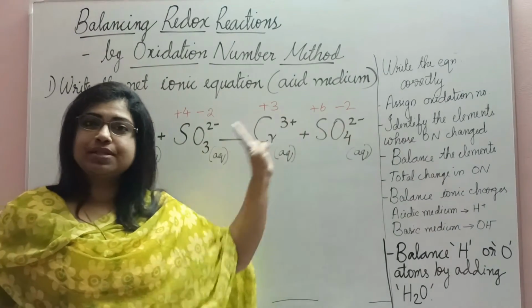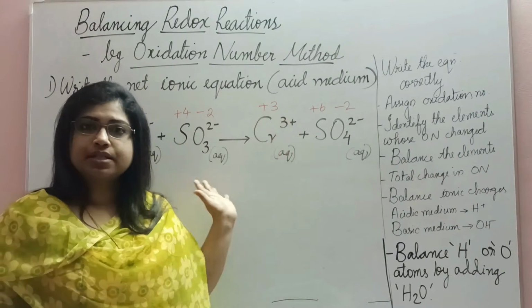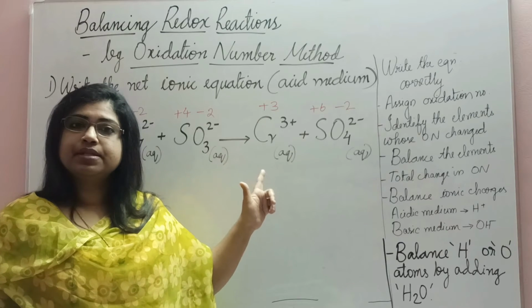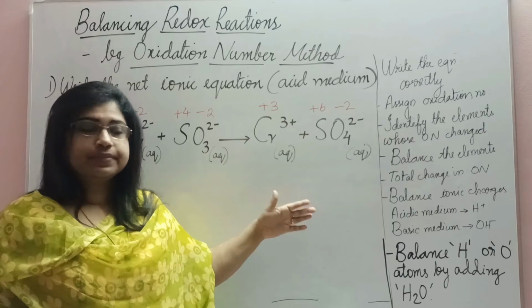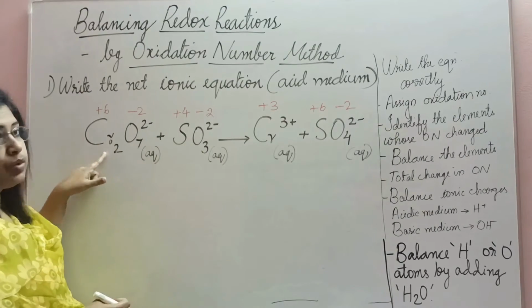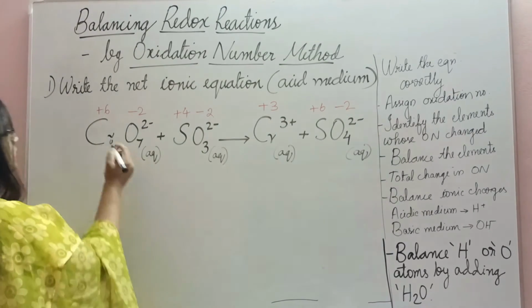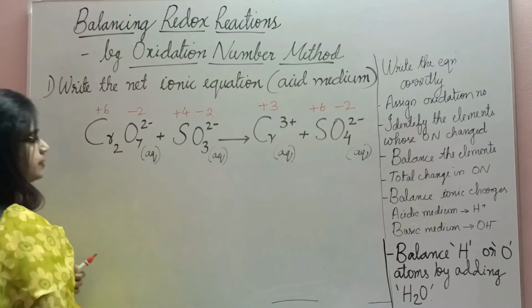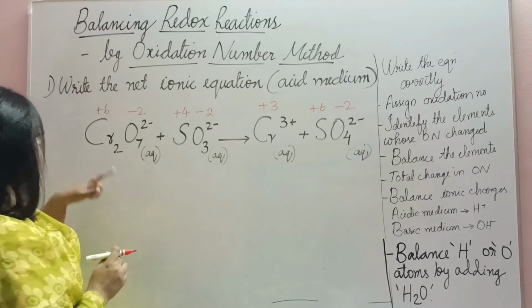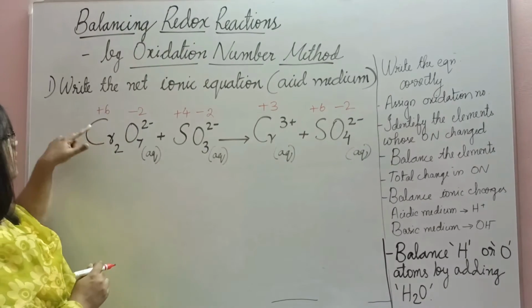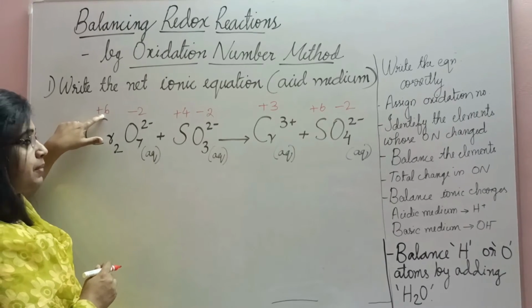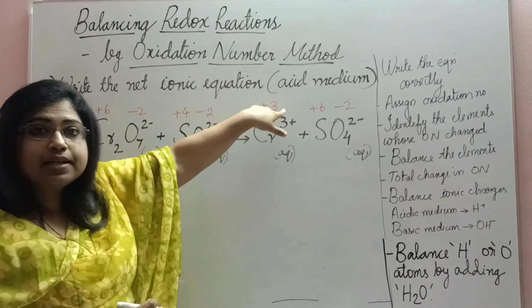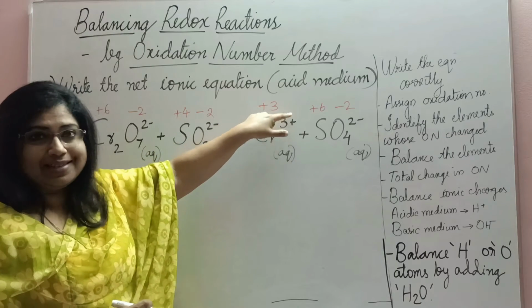We have assigned oxidation numbers. Have a look at it and identify the elements which undergo a change in their oxidation number. First take chromium. On the reactant side, its oxidation number is +6. On the product side, the oxidation number is +3.